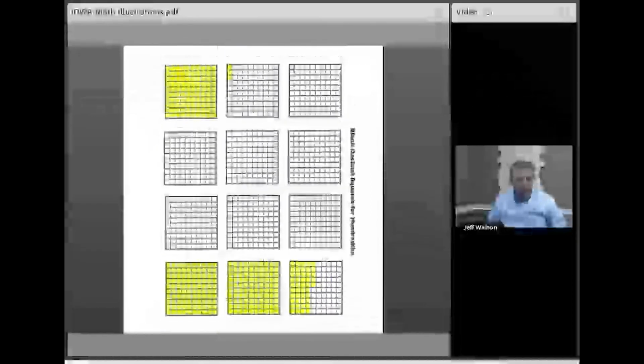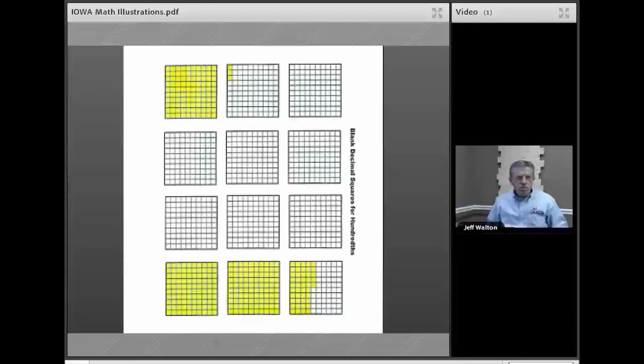And then the last page is an illustration of using a grid or a graph in order to represent the value of decimal numbers and fractions. Across our top line, in the first figure all 100 squares are shaded, so that is a 1. Then 3 are shaded in the next figure, so that represents the number 1 and 3 100ths.